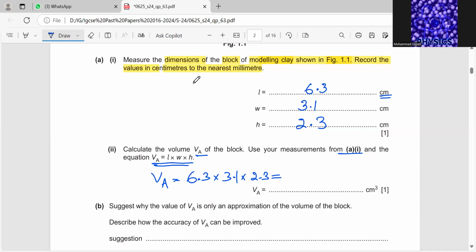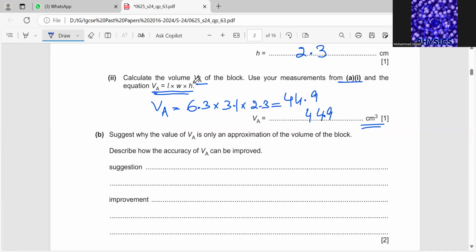So quickly let's see it. 6.3 times 3.1 times 2.3. The answer is 44.9. So here I'm writing 44.9 centimeter cube.